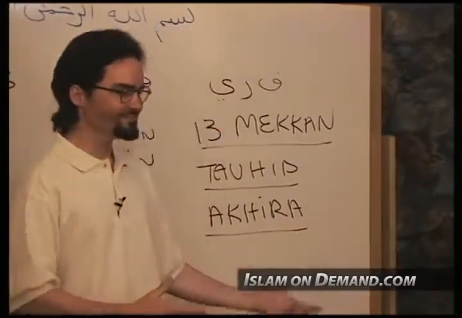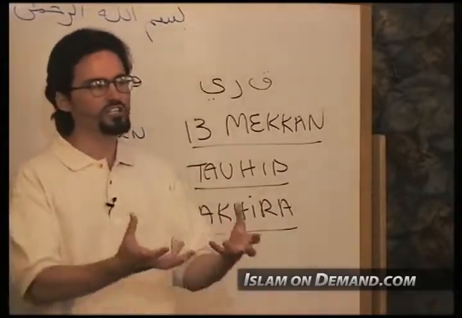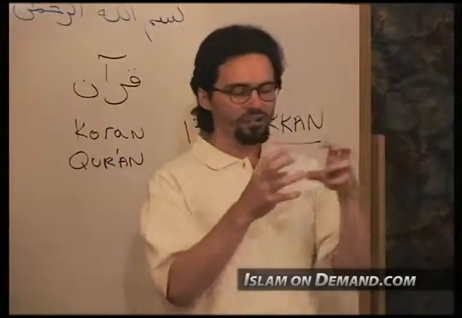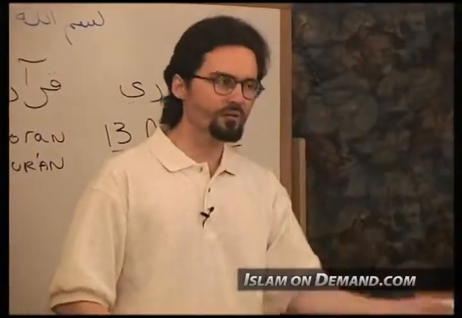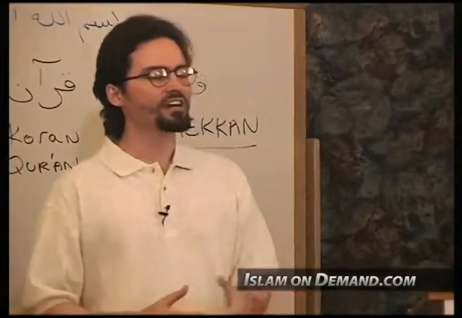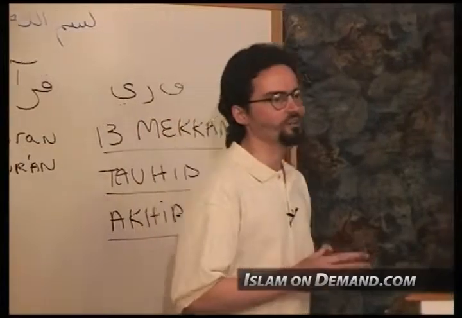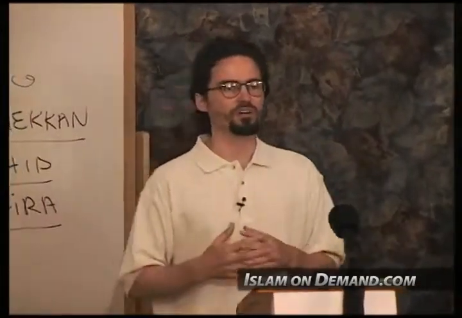So this idea of an akhirah is being introduced into the Arabian culture. Now they were meeting the Christians and the Jews on their caravan routes, and they're hearing about these things, but they really had an attitude that was basically characterized as disbelief. They did not believe in some other world.